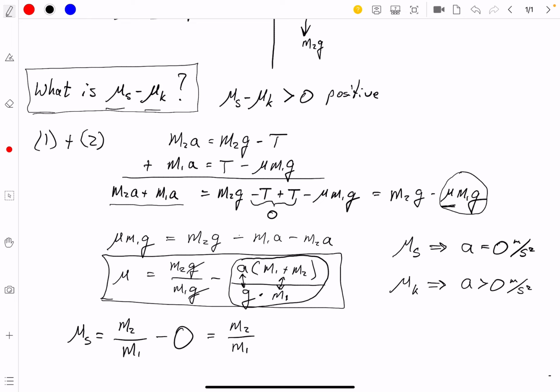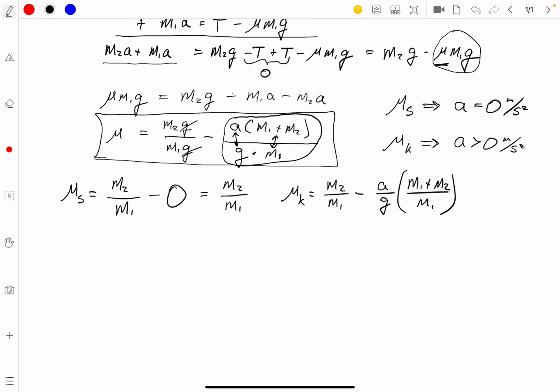All right, now let's do mu kinetic. Mu kinetic is equal to m2 over m1. But now we're going to subtract. We've got our A over g, and we've got our m1 plus m2 over m1. I think now it's pretty simple. When we take mu static and subtract mu kinetic, we're going to have a nice simple thing.